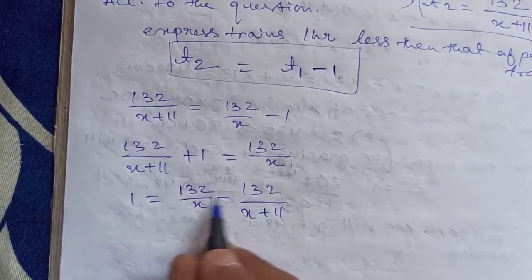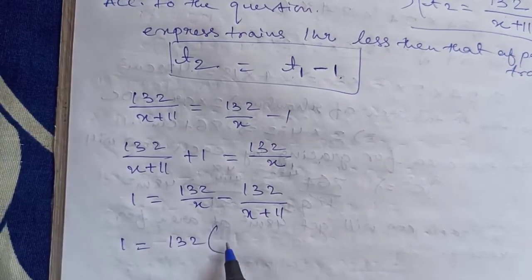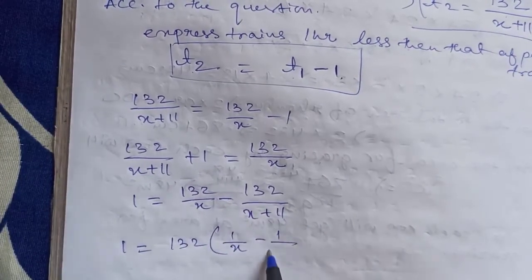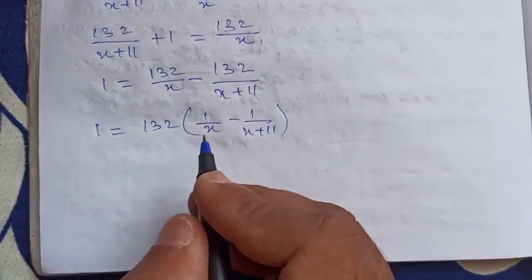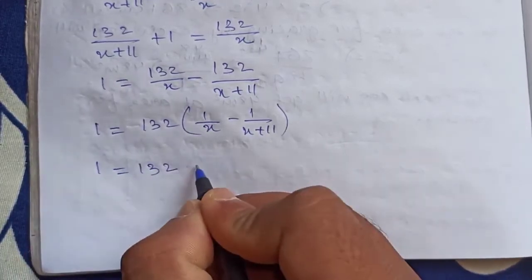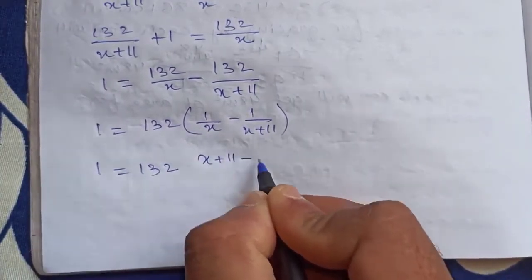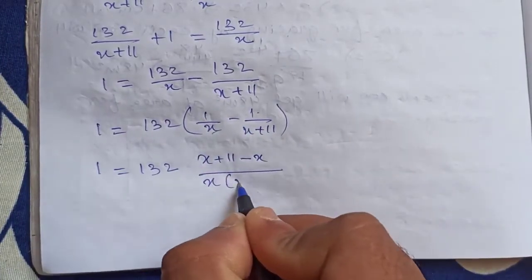Okay, take out 132 common. You will get 132 times 1 by x minus 1 by x plus 11. Okay, now what we have to do, we will cross multiply. Okay, so we will get 1 equals to 132 times x plus 11 minus x by x into x plus 11.